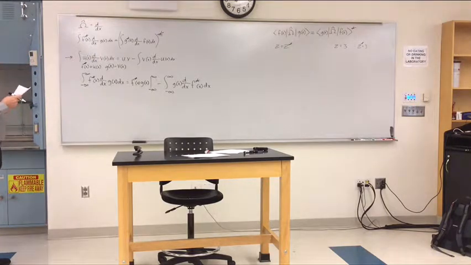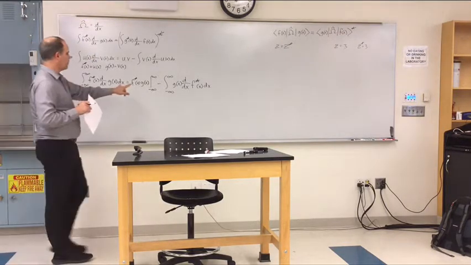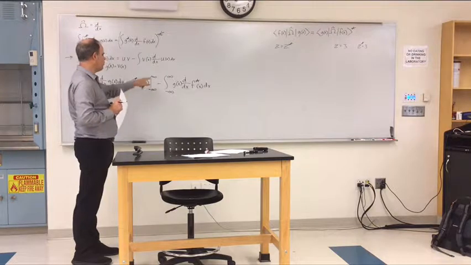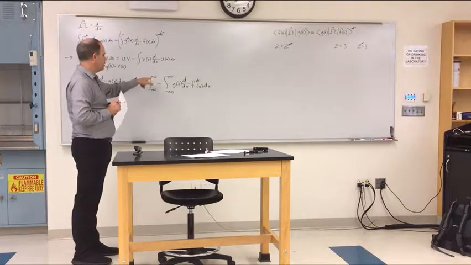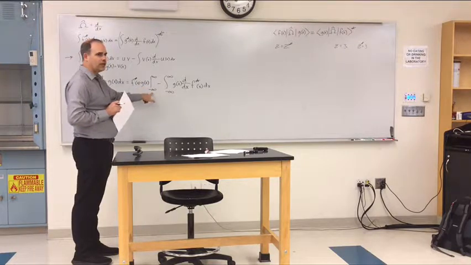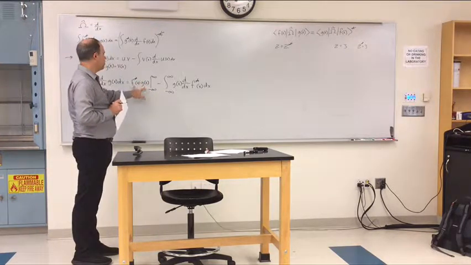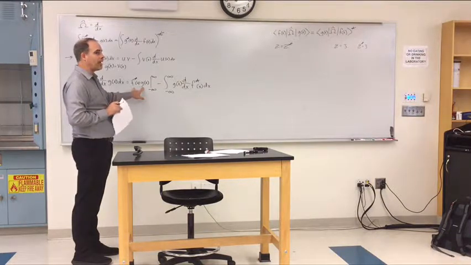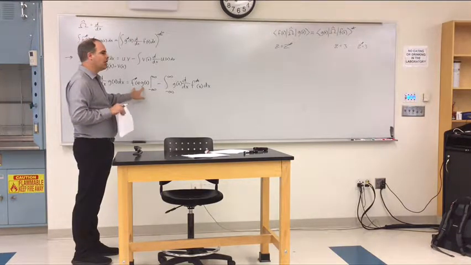Okay. Now we're going to take f of infinity times g of infinity minus f of negative infinity times g of negative infinity. But if you remember, for these functions there are limits on them. Going back to what the probability distribution function is, these functions have to have a limit.